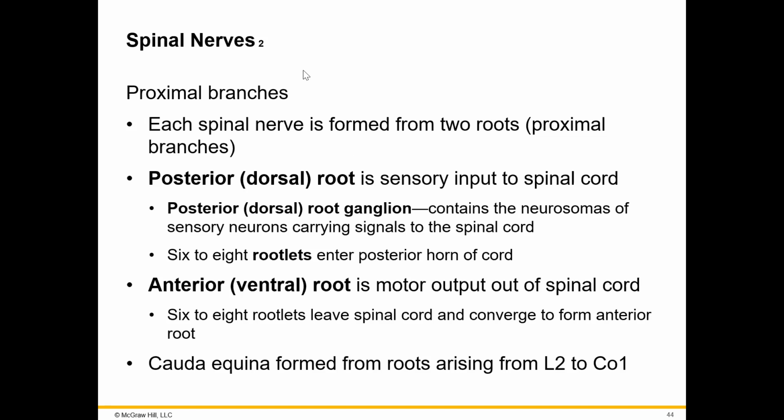These 6 to 8 rootlets leave the spinal cord and converge to form the anterior root. The cauda equina is formed from the roots arising from L2 to coccygeal 1.